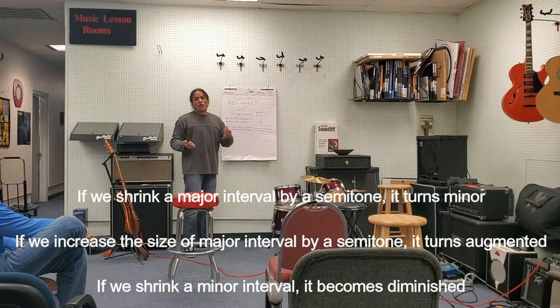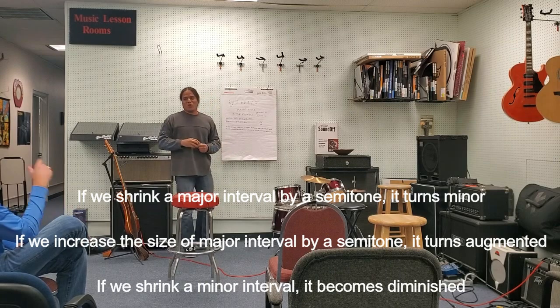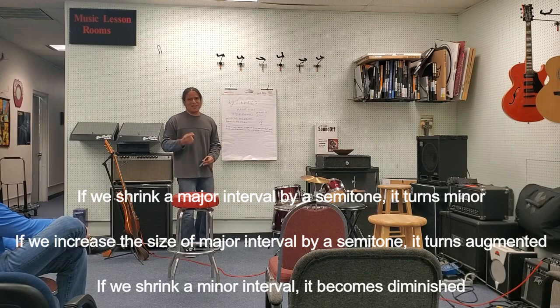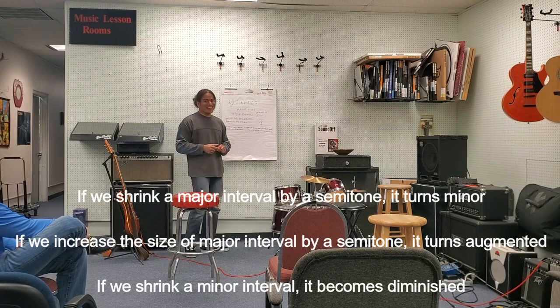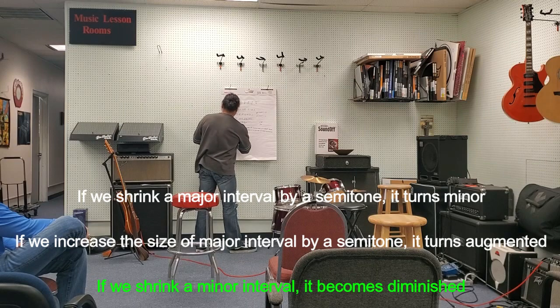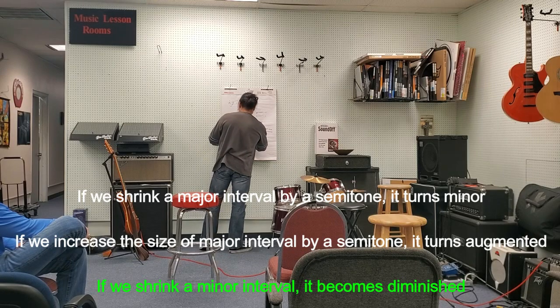But then the other question might be like, well, now what happens if I take a minor interval and make it even smaller? It's going to turn diminished. So if we decrease a minor interval, we shrink a minor interval, it becomes diminished.